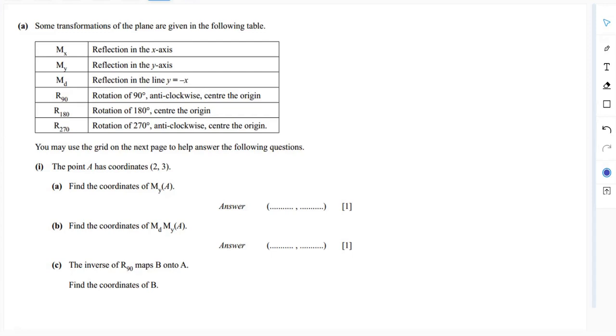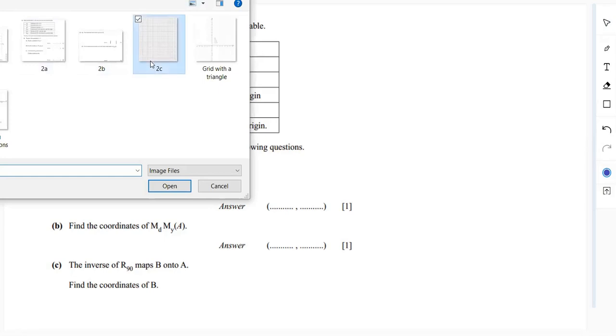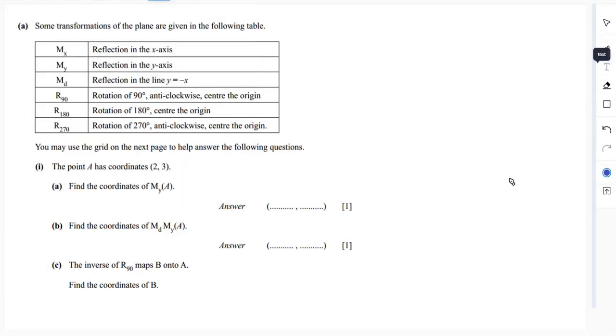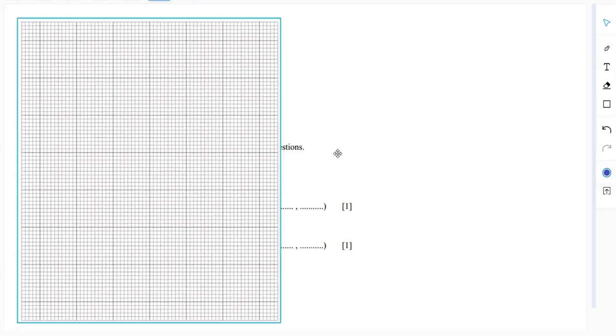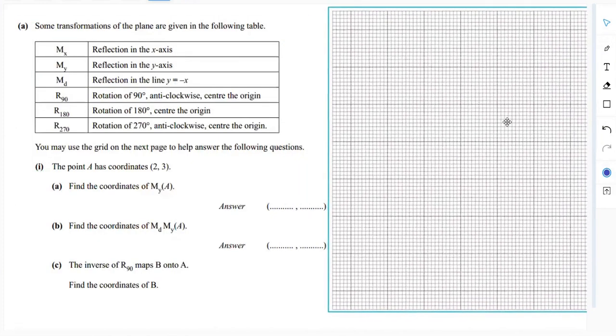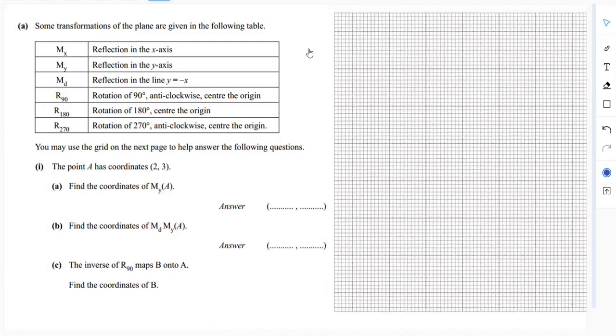I have this grid here. All right, so this is what we have then.